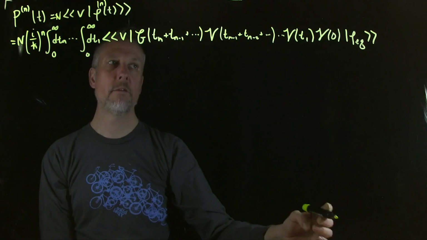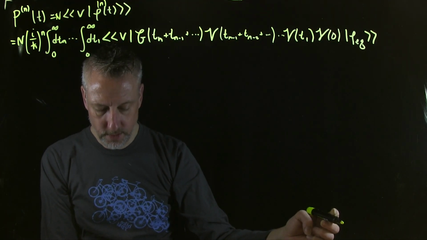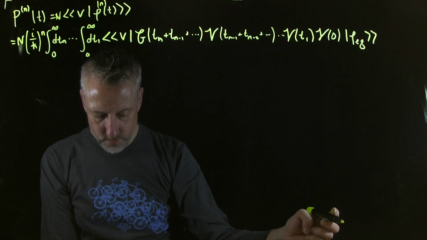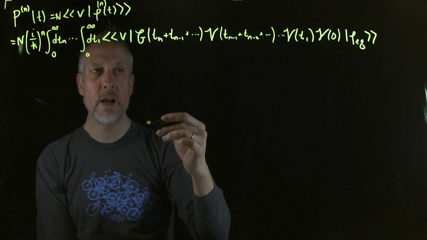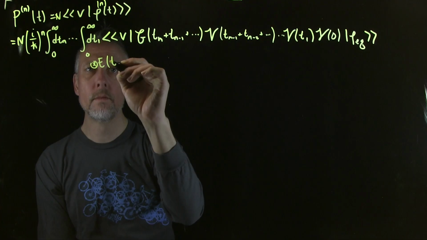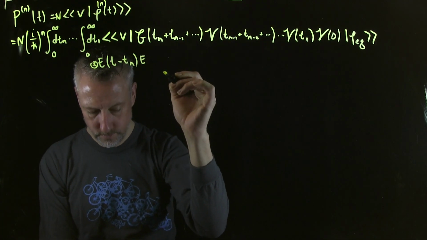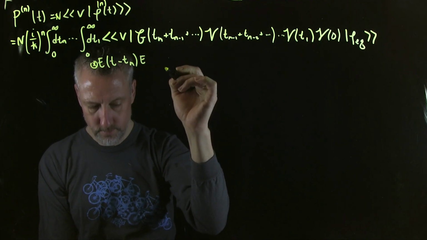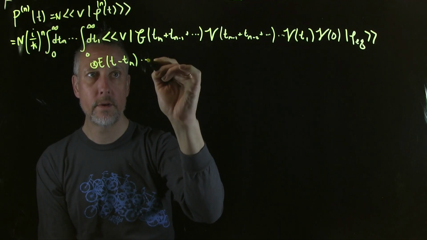And then we explicitly write down that this is this Liouville space density. And then we have the fields. We don't need to write them all out every single time.